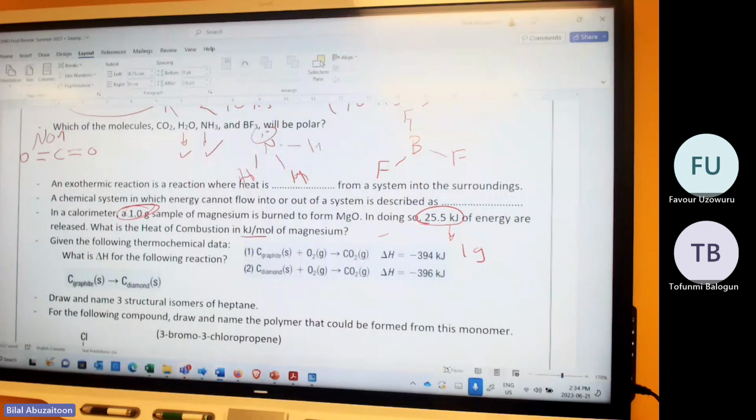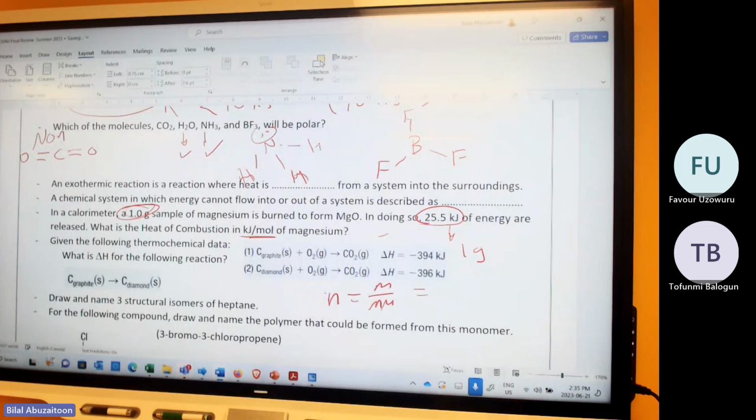We need to calculate it in kilojoules per mole, which means converting grams to moles. 1 gram equals how many moles? n equals mass over molar mass, right?